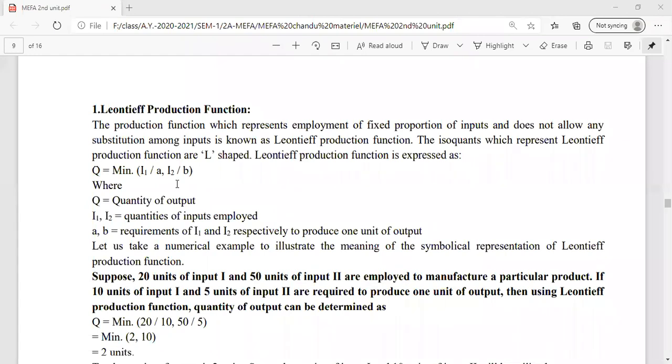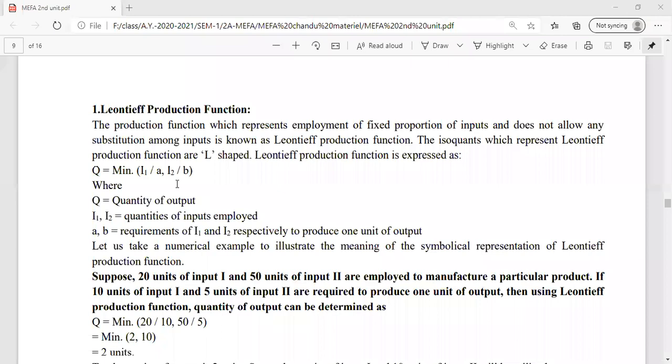That is 5,000 divided by 5, that is 1,000. Now this is 500 divided by 1, that is 500. We have to get the minimum value of the both. So that is the quantity we can produce with the existing stock. That is the limited production function.